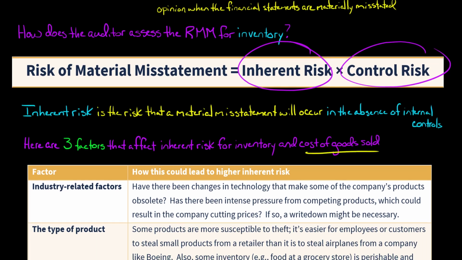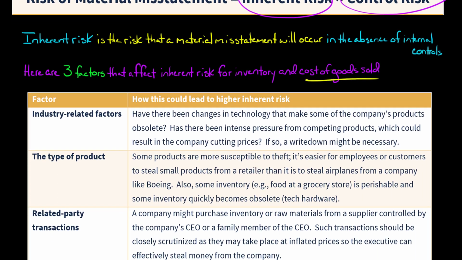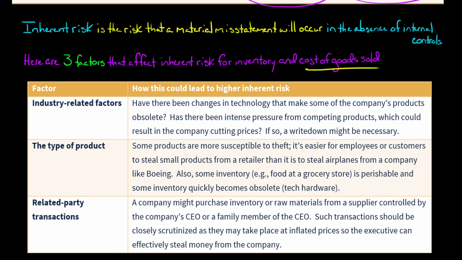So how do we think about that? How do we even think about what would be the inherent risk of inventory or cost of goods sold? So here's three different factors that you can think about. You can think about the industry in which this company is doing business. And you say, well, why does that matter? Well, is this industry something where there's intense competition? Are competitors constantly launching new products?